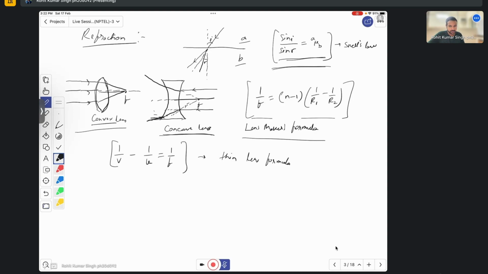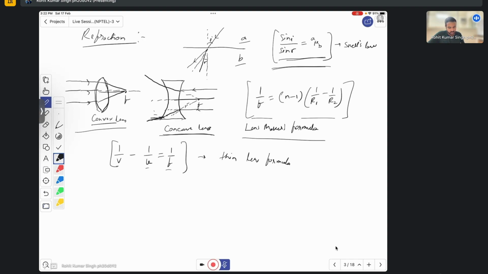It relates the image distance v, object distance u, and the focal length f. So this I also discussed in the last live session.